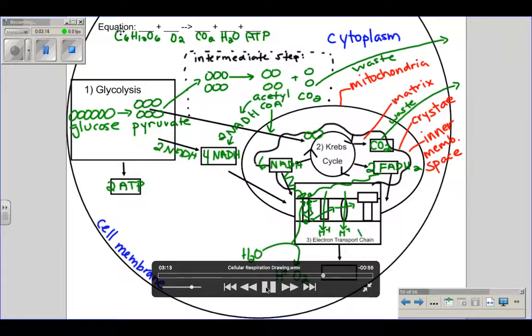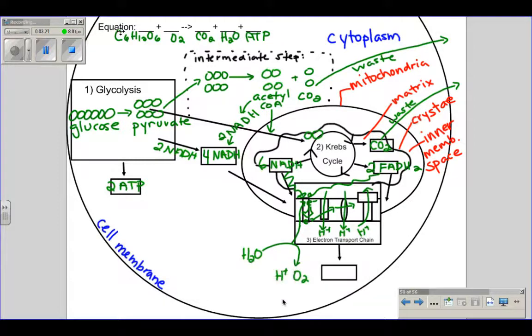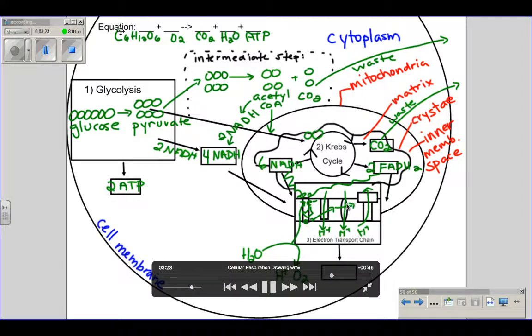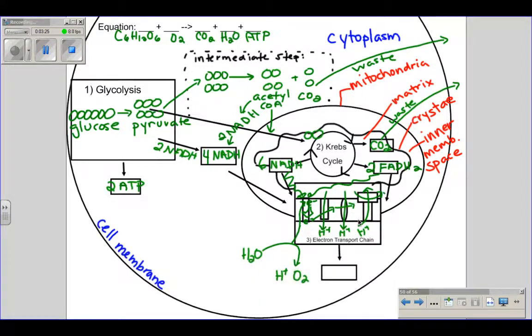And we're going to create a whole bunch of ATP, using that concentration gradient that we've built up. That's what's happening here. Every time it goes through, it's going to spin. We're going to create a whole bunch of ATP, which is the whole point of this process.